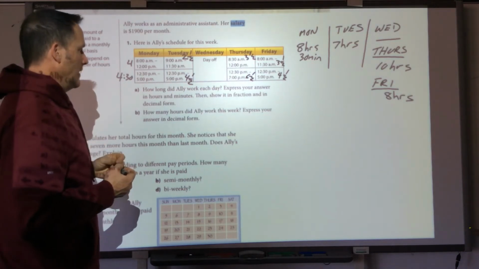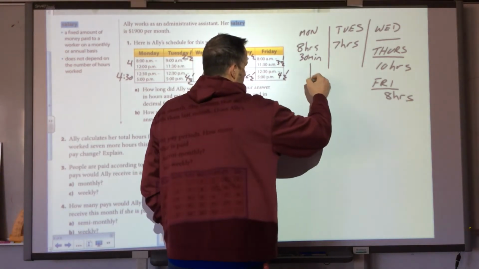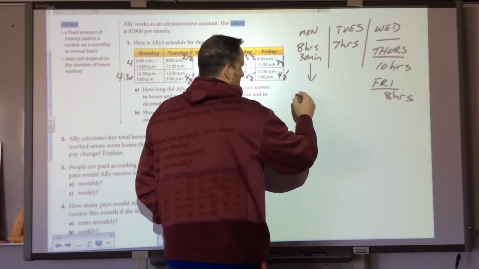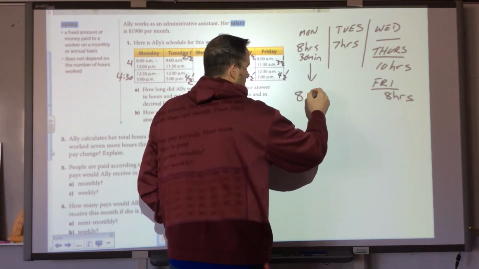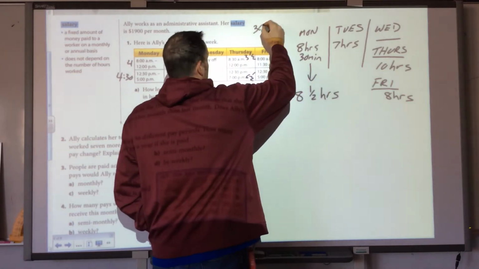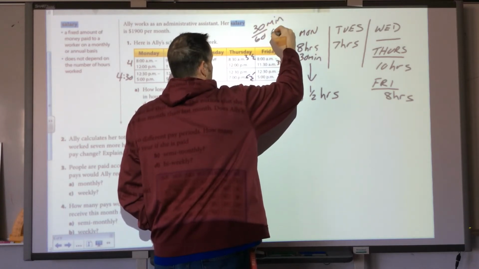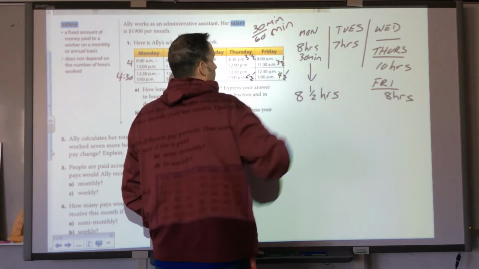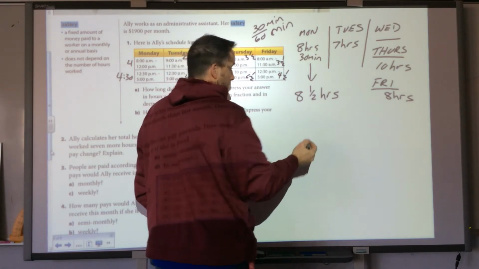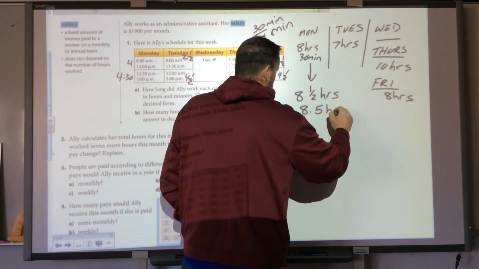Then show it in fraction and decimal form. Well, this is the only one we have to worry about, and that's 8.5 hours. Why? Because there's 30 minutes out of 60 minutes. So that's half, and we could write it as a decimal, 8.5 hours.